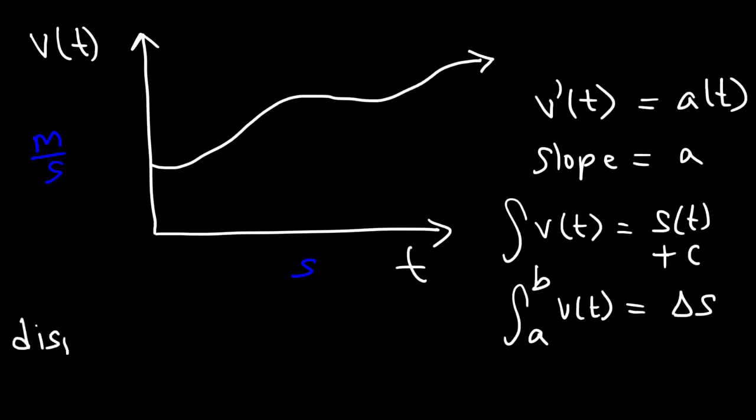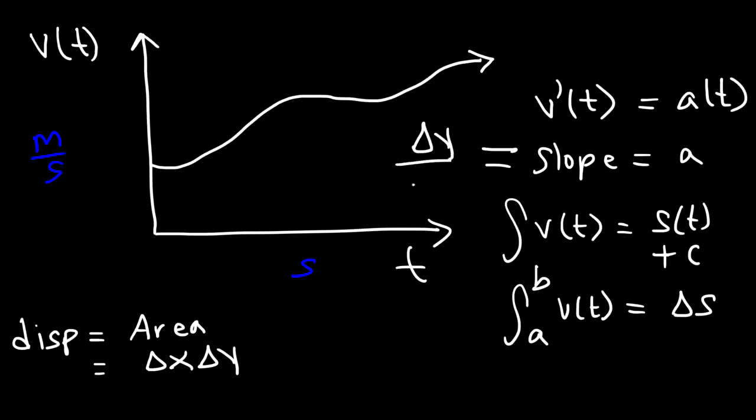So the displacement can be found by finding the area under the curve. And to find the area, you need to multiply the x values by the y values. To find the slope, you need to divide the y values by the x values.